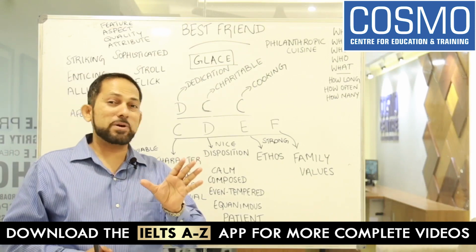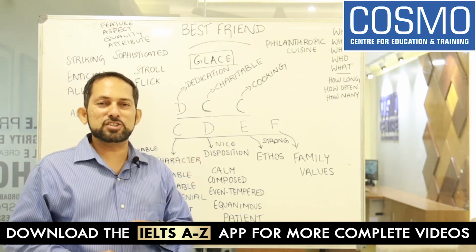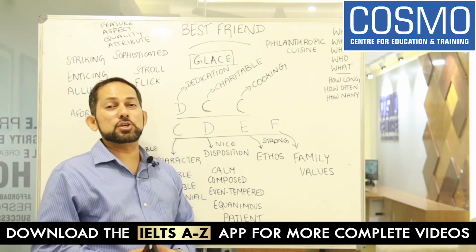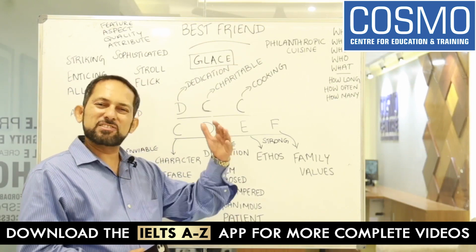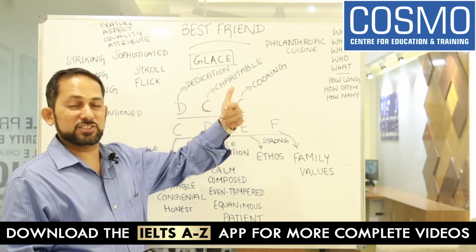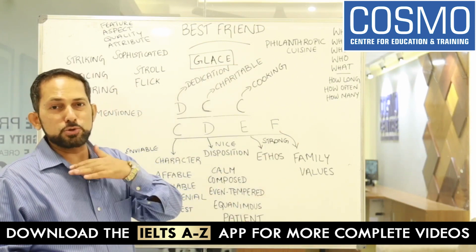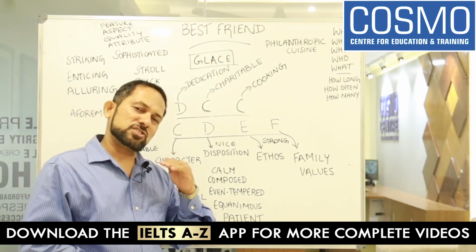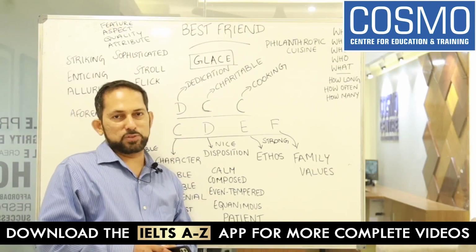Previously you said, my best friend is; you just have to change it to a family member whom I like is, and say your twin brother, and then say the same answer. The second part, description will be glaze plus activities, and why you like your twin brother, DCC, CDEF. Same answer for your twin brother too.